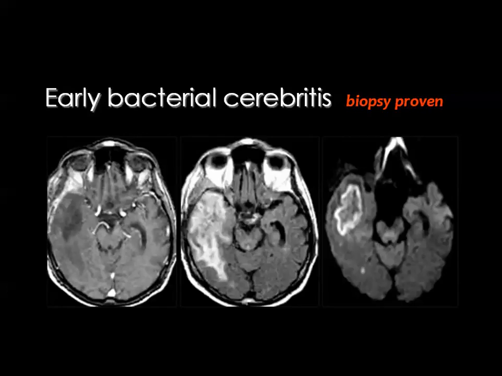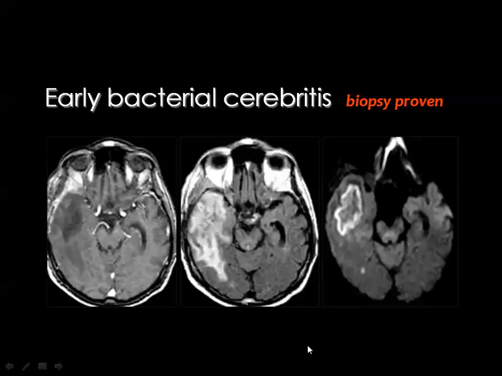Then in the early inflammation of the brain parenchyma, you get non-specific findings, and you see only an area of low signal in the T1 and high signal in the FLAIR weighted images, and it will show a restricted diffusion, and there is significant surrounding edema. If you give a contrast injection like here, you may not see appreciable enhancement.